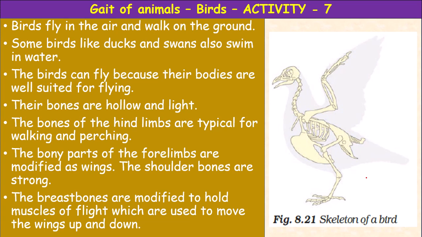By flapping the wings, these birds fly in the air. Means its body, its structure, its bones, feathers, forelimbs are modified into wings. These are all the modifications observed in the birds which help them to fly in the air.